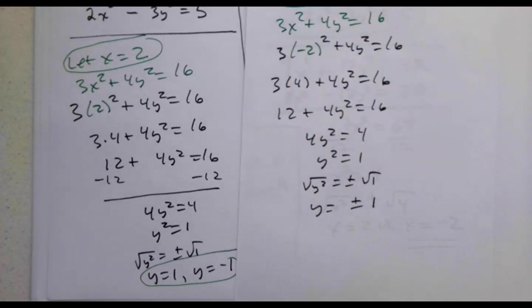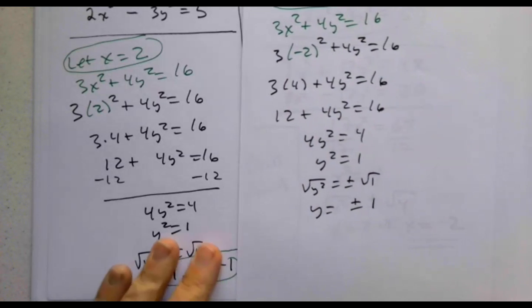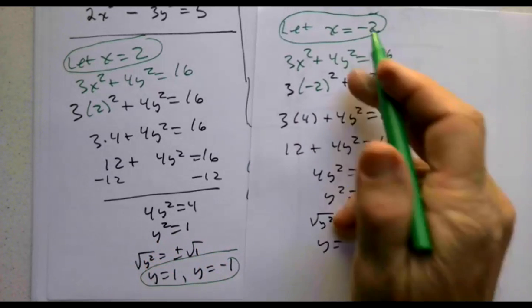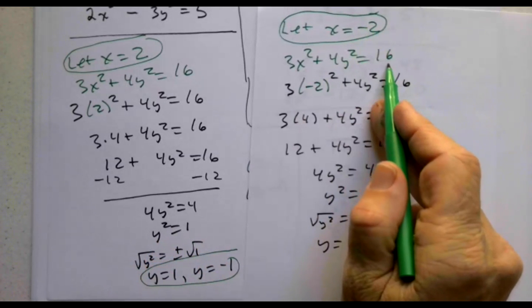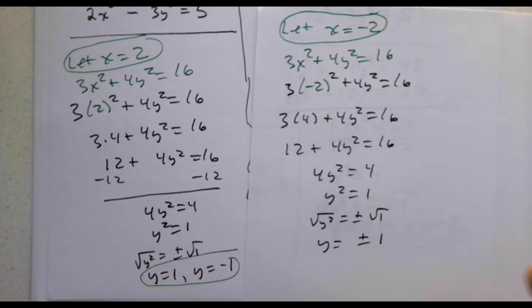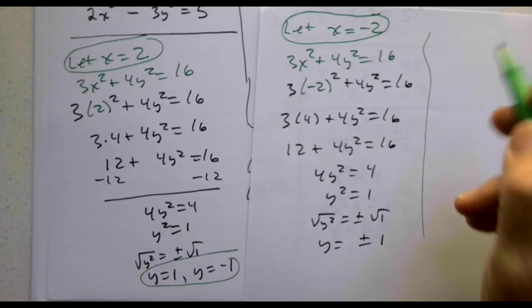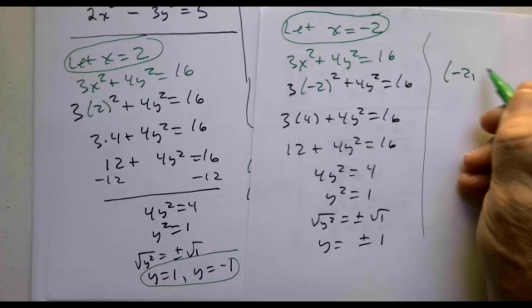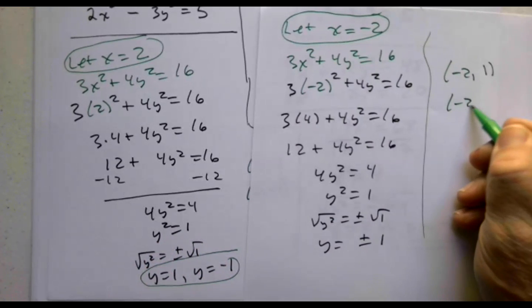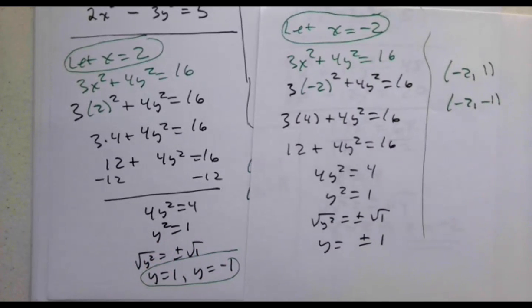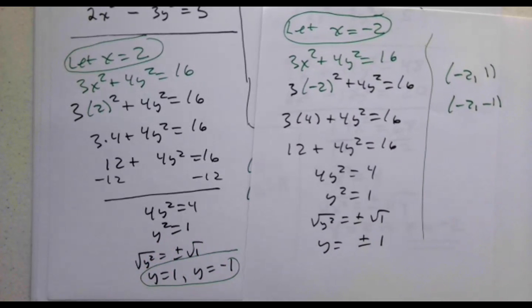So my points are, again, I guess I don't have this quite down enough. We let x be negative 2. 3x squared plus 4y squared is 16, plugging negative 2 in for x. So now with x negative 2, my answers are what? If x is negative 2, y is 1. If x is negative 2, y is negative 1. So what are all four of my answers?